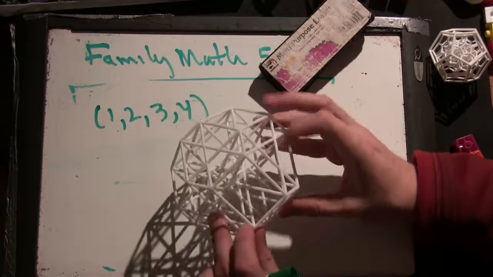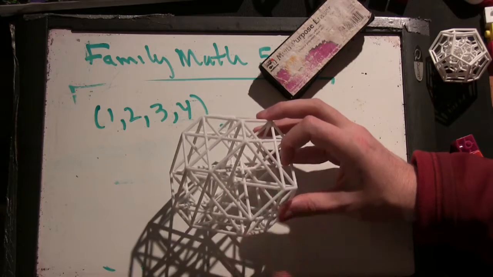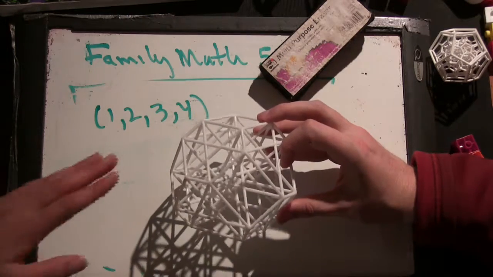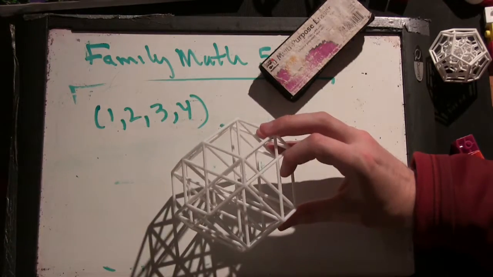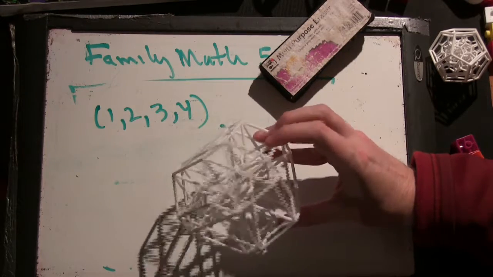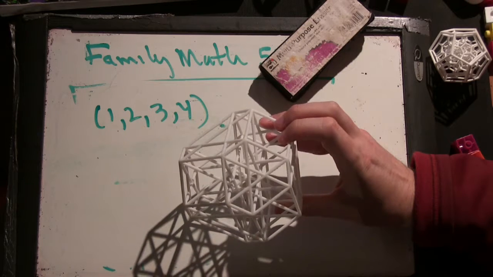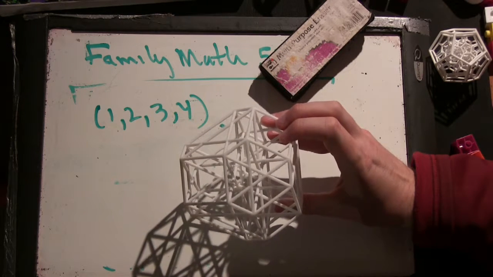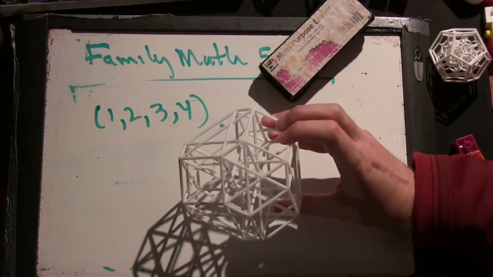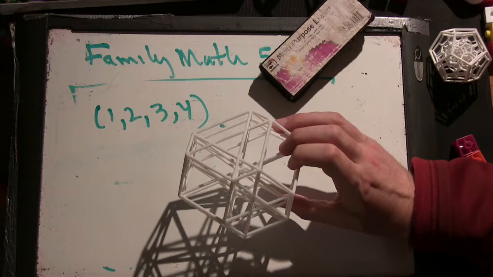So each vertex, that was harder to count than I thought. 1, 2, 3, 4, 5, 6. Sort of hidden because if you're looking at it right on, you can't see it. That's interesting. So each vertex connects to 6 other vertices.